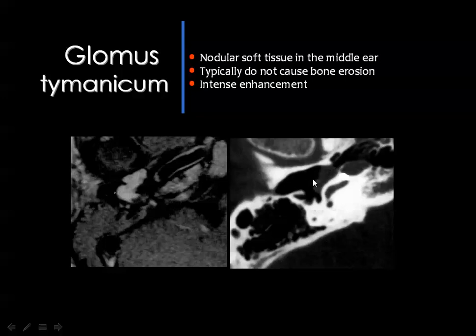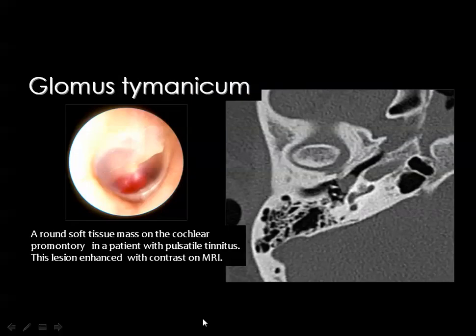A non-dependent lesion is seen within the middle ear cavity. You remember these structures, the sinus tympani and the facial recess, and after injection of contrast you can easily appreciate the enhancement of the lesion, diagnostic of glomus tympanicum.